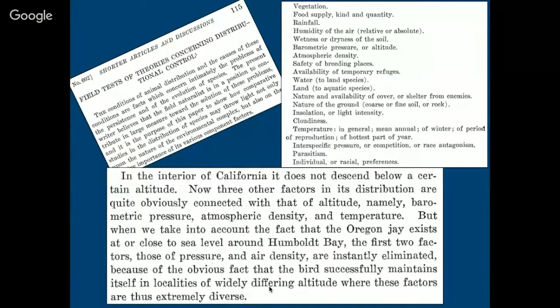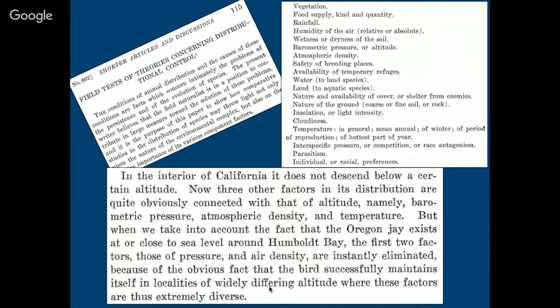If we look at Grinnell's list, it's mostly about vegetation, food supply, rainfall, humidity, wetness, dryness, barometric pressure, elevation, atmospheric density, safety, availability of hiding places, availability of water, existence of water, existence of land as barriers, cover and shelter, nature of the substrate, insulation, cloudiness, temperature.